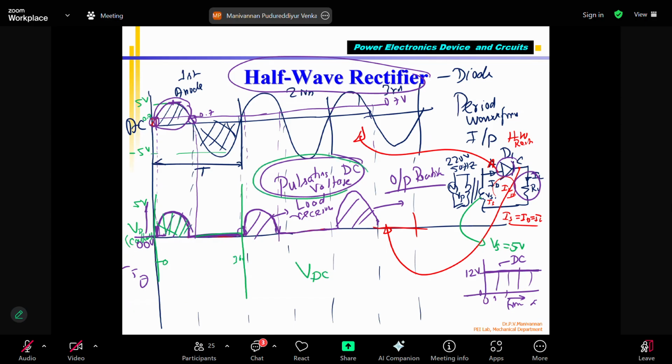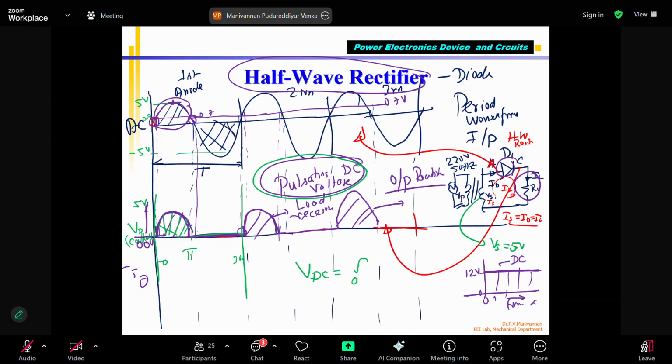This is pulsating DC. VDC is nothing but the integral of this waveform. Which waveform? The entire half wave rectifier voltage for this entire cycle, correct? This is 0. Generally, when we talk about this, pi is 180 degrees, correct?